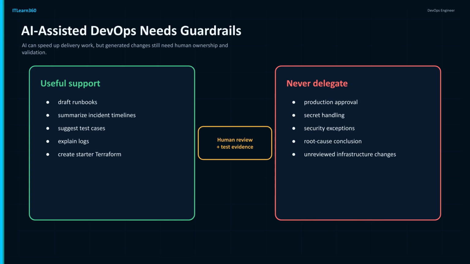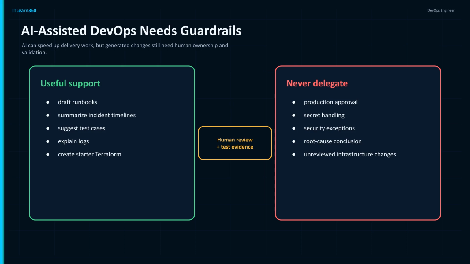The dangerous mistake is delegating production approval, secret handling, security exceptions, root cause conclusions, or unreviewed infrastructure changes to a model. At Northstar, an AI-generated change still needs code review, test evidence, environment validation, and a rollback plan before it reaches production. The principle is simple. AI may help create or interpret evidence, but a human owner remains responsible for the decision.